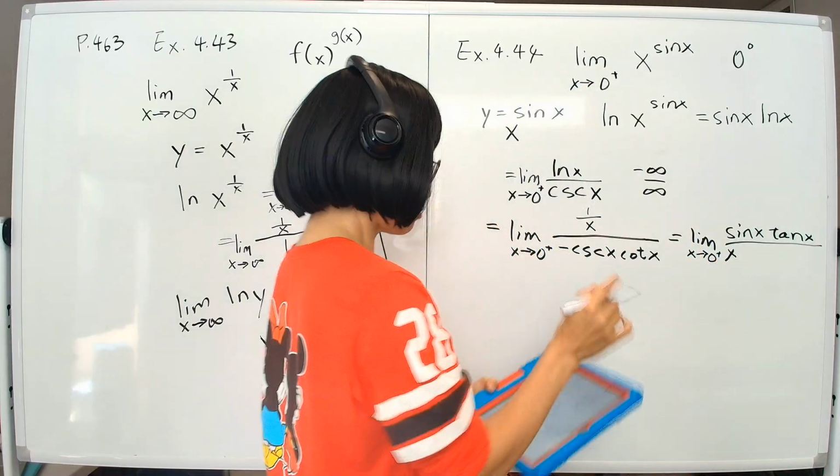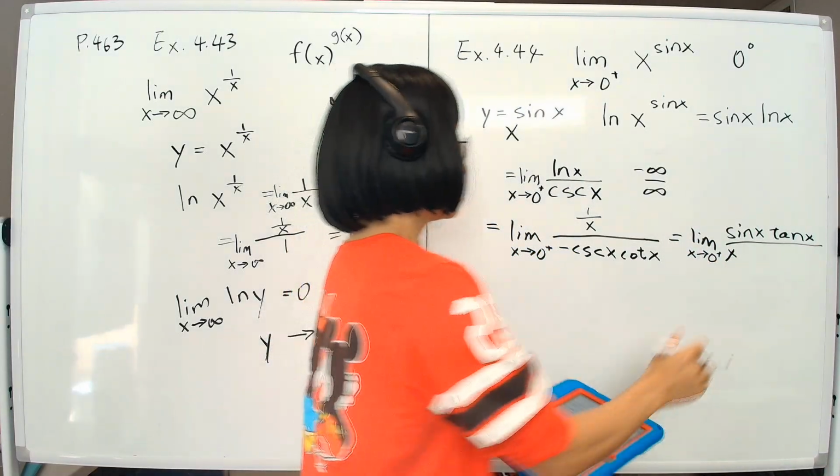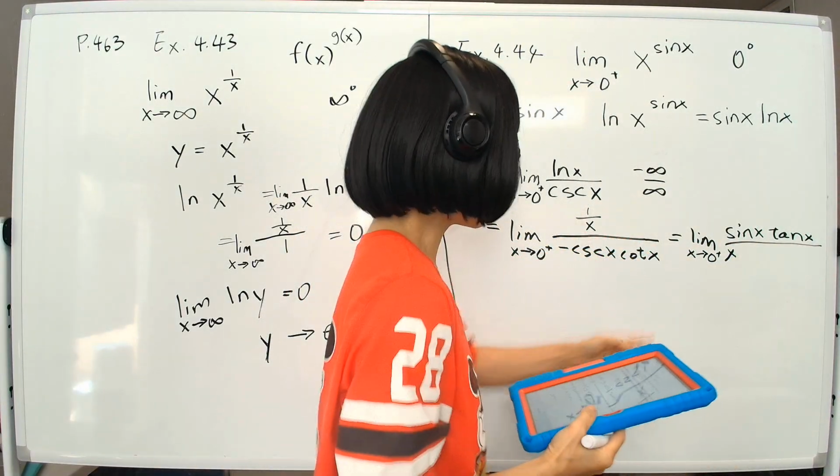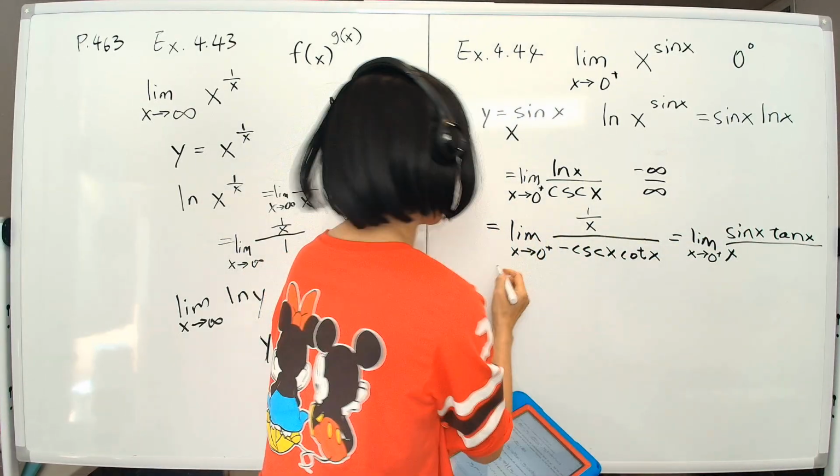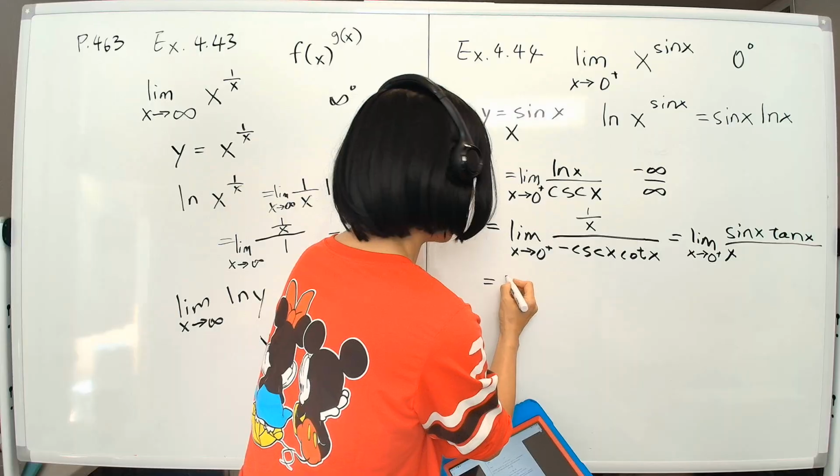Now at this point, we'll break it down into 2 limits, because one of the limits we know what it is.